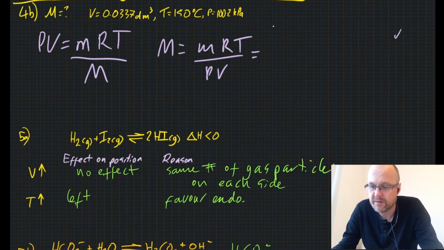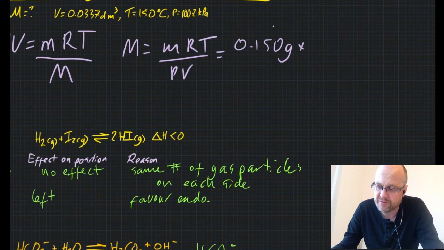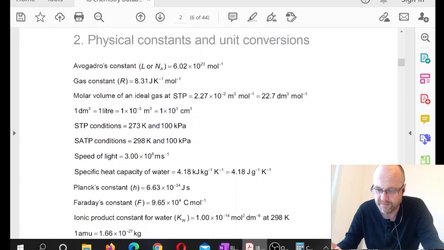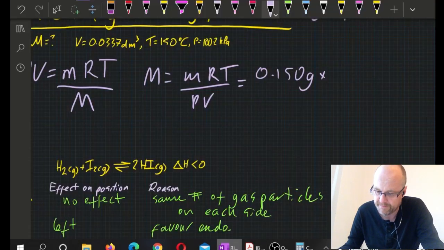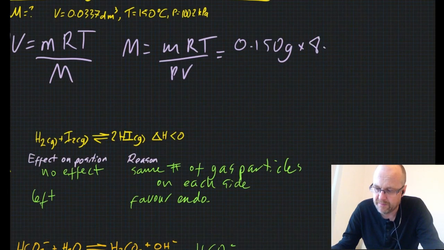So molar mass is going to be mass times the gas constant times temperature divided by pressure times volume. What's the mass? 0.150 grams, 3 sig figs. The gas constant, in case you've forgotten, is 8.31.